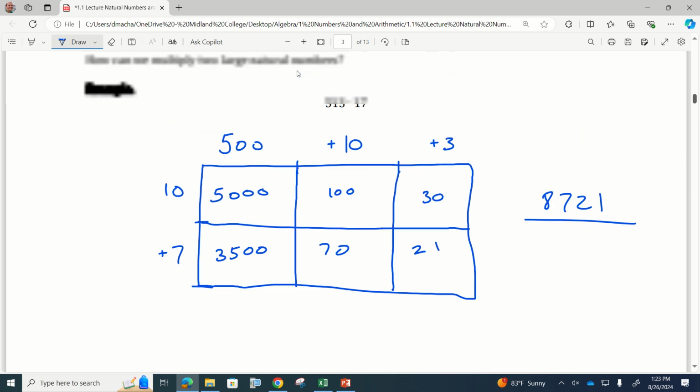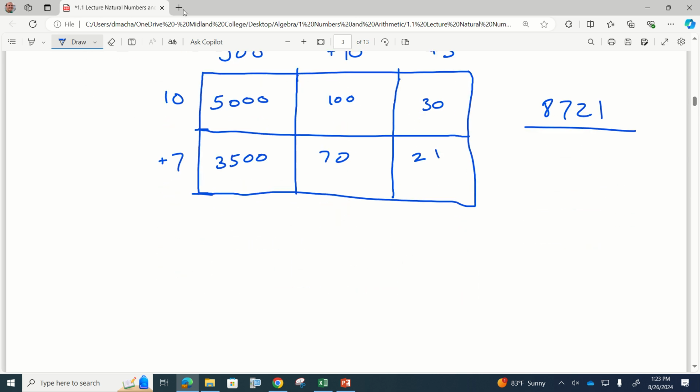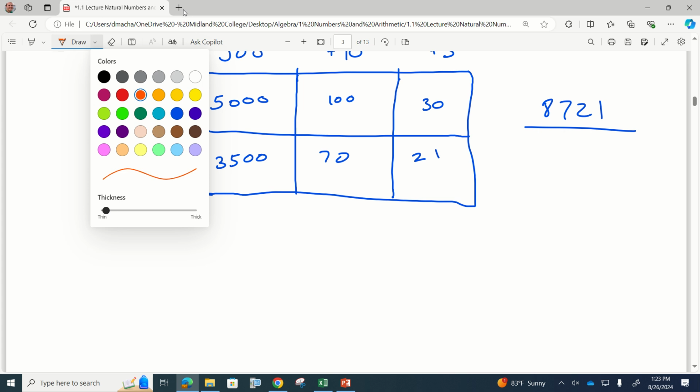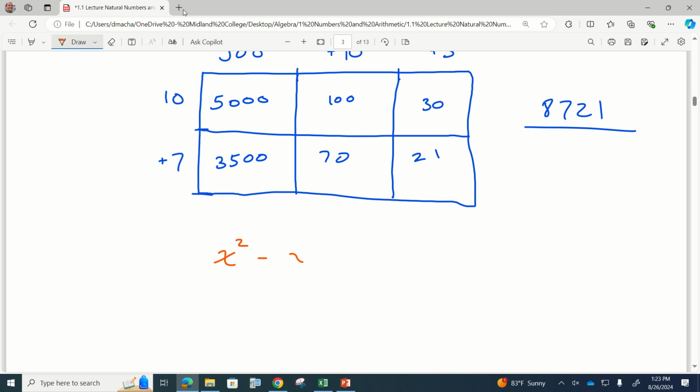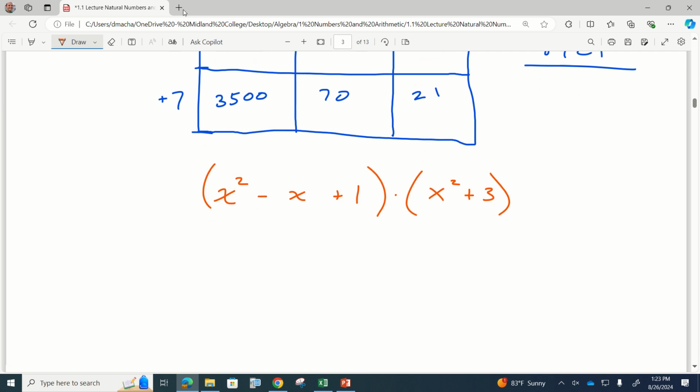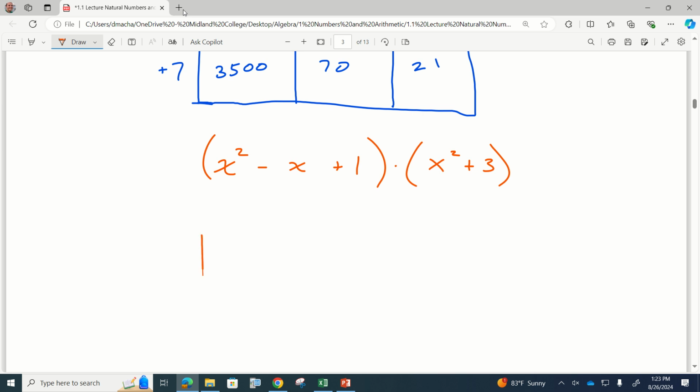So, we're going to do multiplication with other things later this semester. I don't want to spoil the surprise, but if you had something like this, something that looks more algebra-y, and I want to multiply those two expressions, the way that we're going to handle this is, say, draw a rectangle.